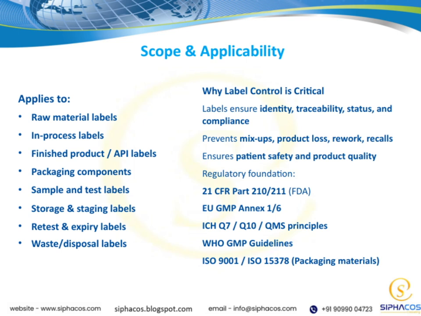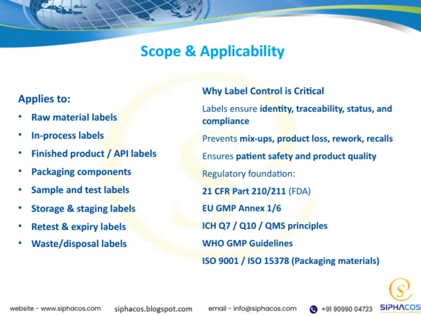We also adhere to ICH Q7, Q10, and QMS principles, along with WHO GMP guidelines. Additionally, standards like ISO 9001 and ISO 15378, especially relevant for packaging materials, provide a solid foundation for our labeling practices.